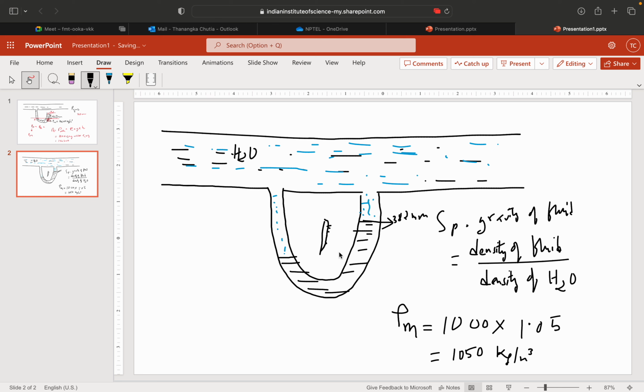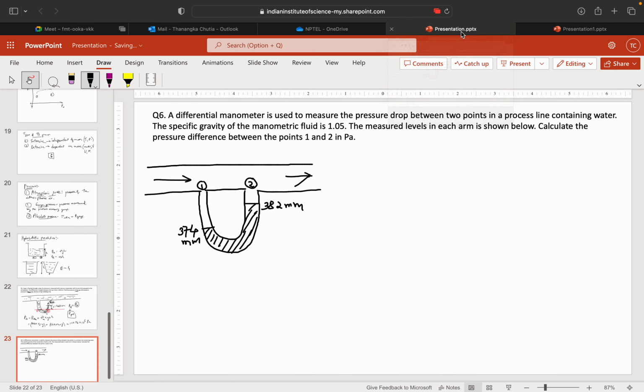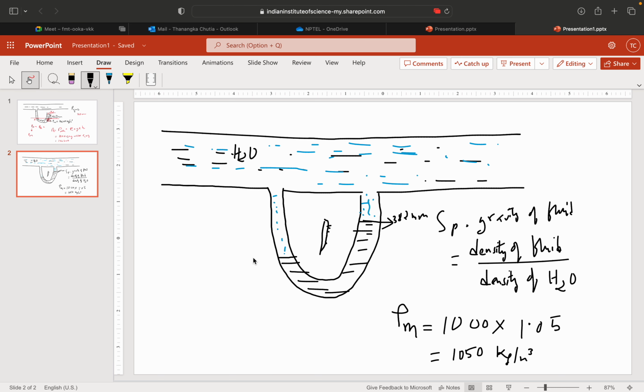You will only measure the heights, not directly the difference of heights. You have to calculate the difference. So this height is 374 mm, measured with the scale provided on your manometer, and this height is 382 mm.